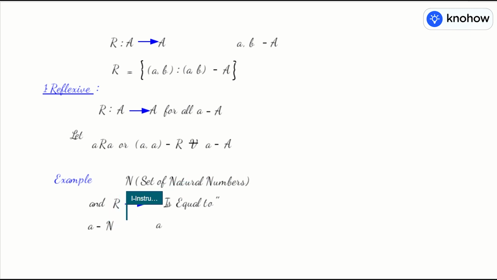Safely I can say a is equal to a, for example, if I choose a particular natural number 5, 5 is equal to 5, 6 is equal to 6. So a is equal to a for all a lying in the set of natural numbers. So we can conclude that the given relation equal to is reflexive on the given set of natural numbers N.